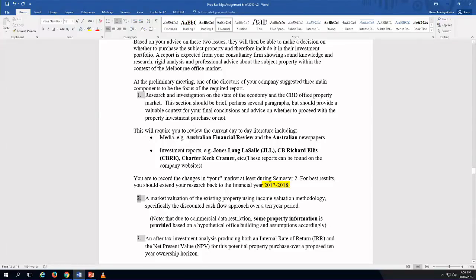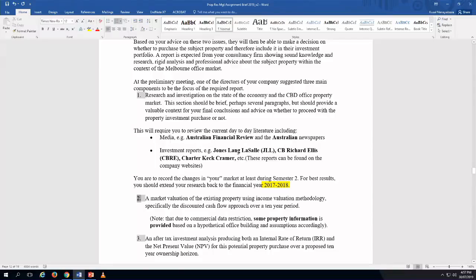This will require you to review the current day-to-day literature, including media, for example, the Australian Financial Review and The Australian newspapers, especially the property section, and investment reports.